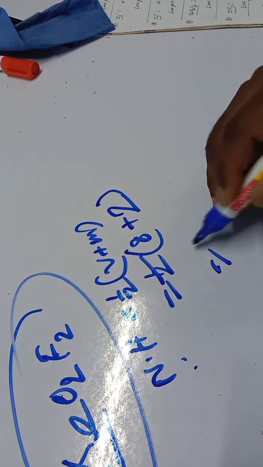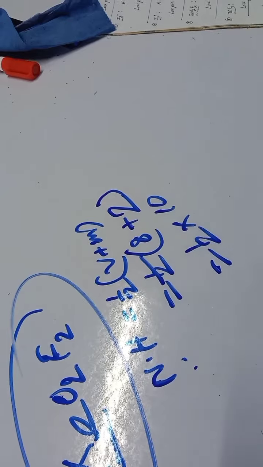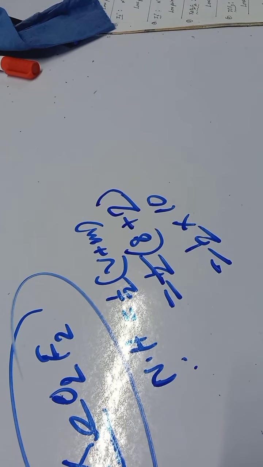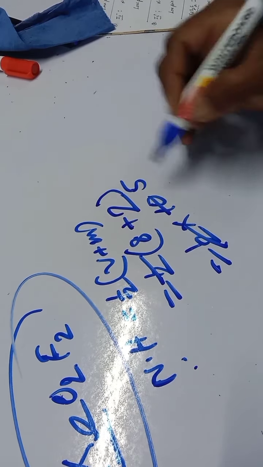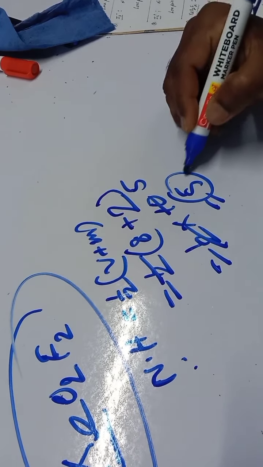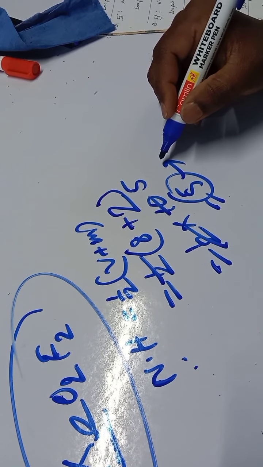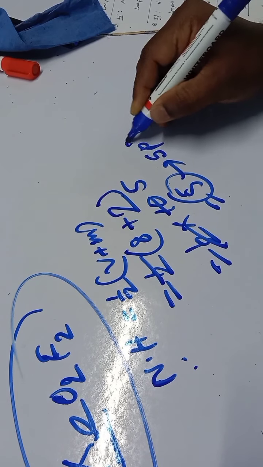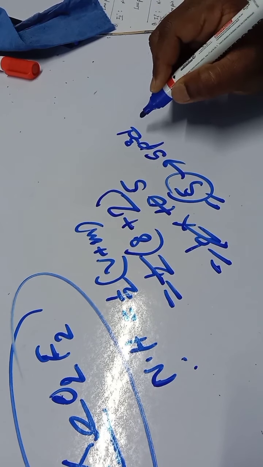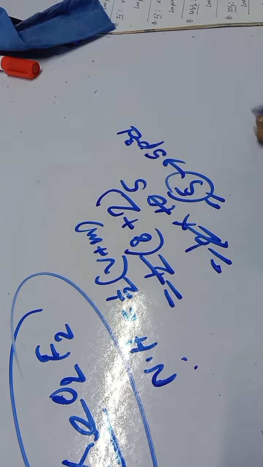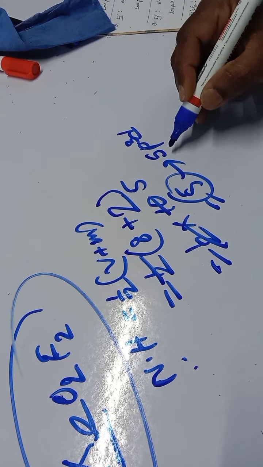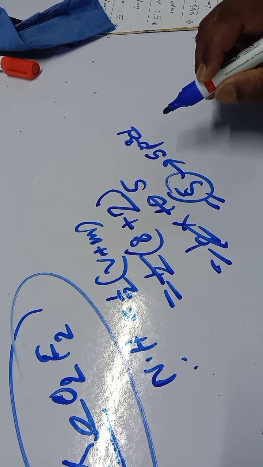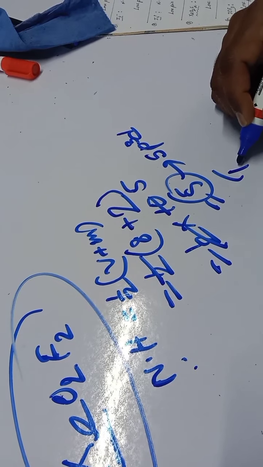So half into 10, that is 5. The hybridization may be written sp3d, and the shape is trigonal bipyramidal.